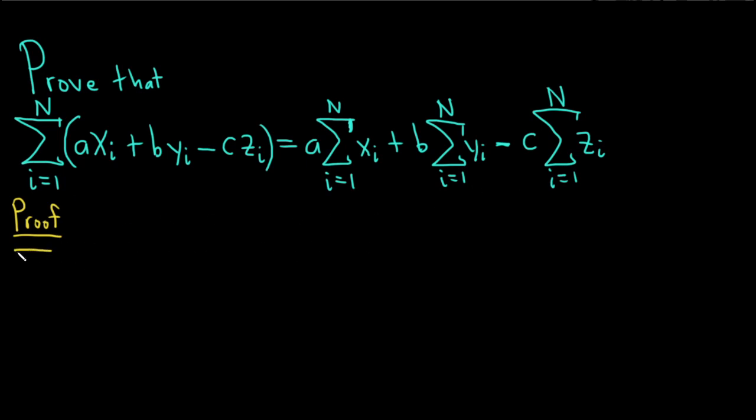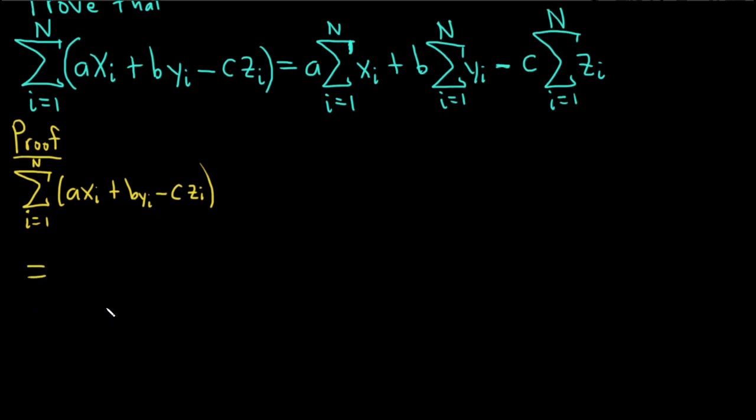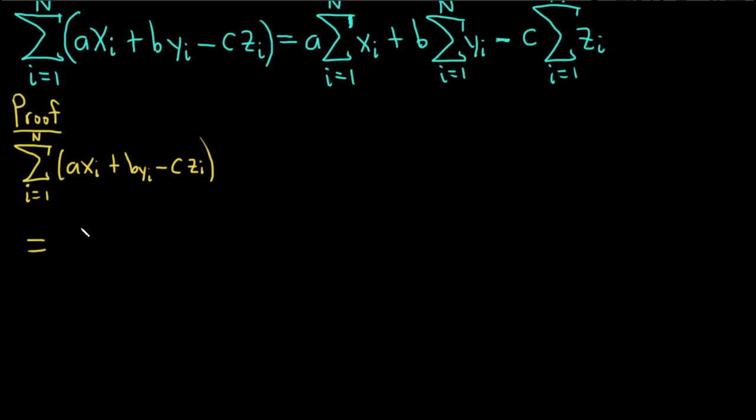So we have the sum as i runs from 1 to capital N of all of this stuff here. I'll write it again, a x_i plus b y_i minus c z_i. I'm writing a little bit small because it's going to be very difficult to fit this in here. I think maybe what I'll do is come down to this next line and just write it all out. We'll start by plugging in 1.